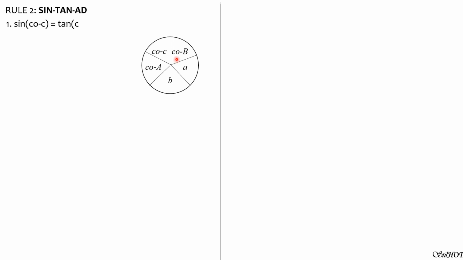Sine of coC is cosine of C. Tangent of coA is cotangent of angle A. Tangent of coB is cotangent of B. So the first formula from here would be cosine of side C equals cotangent of A, cotangent of B.